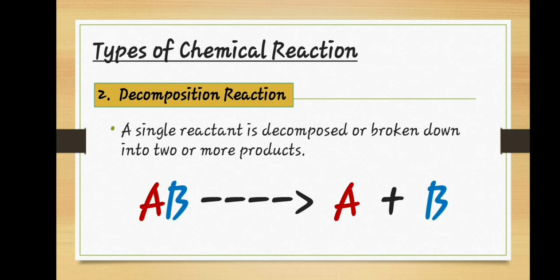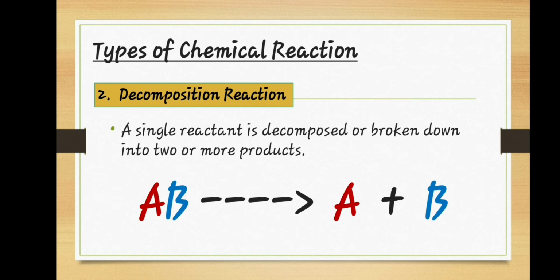That's why it's called decomposition, from the root word decompose. You have to break it down. So what are the elements being produced? We have A plus B. You have to break down the two elements in that compound, so it makes A plus B. From the single reactant AB, we now have A plus B because we have to break it down in the decomposition reaction.